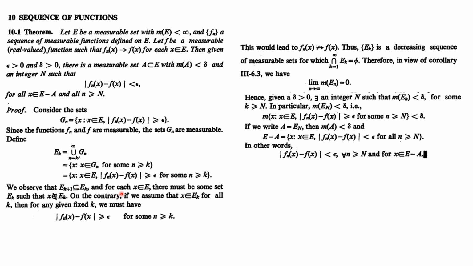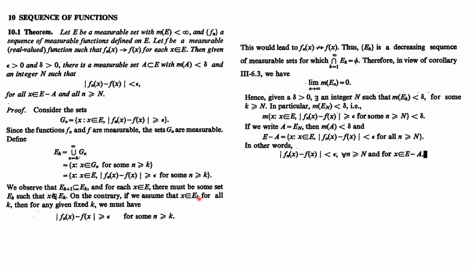Now also for each x belonging to E, there must be some set E_k such that x does not belong to E_k. Now why? Let, if possible, x belong to E_k for all k. Then for given fixed k, we must have |f_n(x) - f(x)| greater than or equal to epsilon for some n greater than or equal to k.